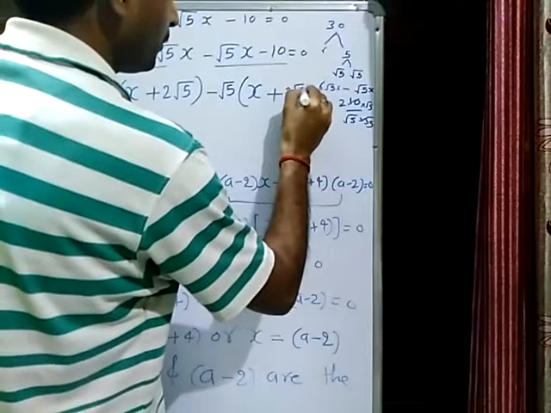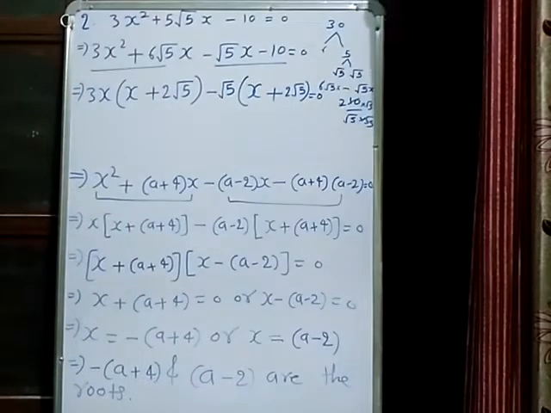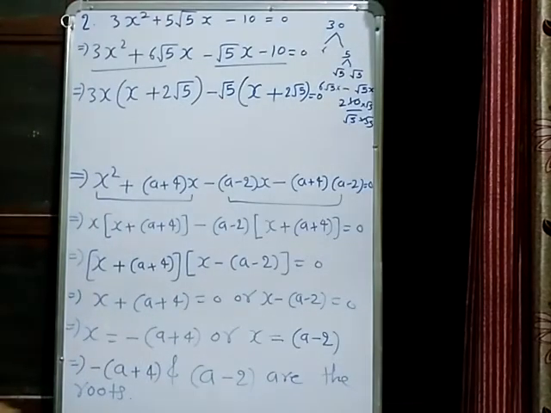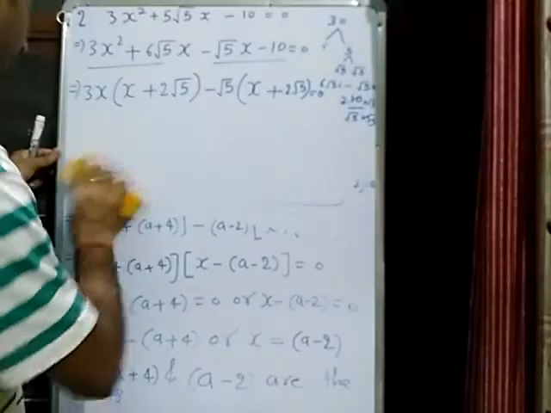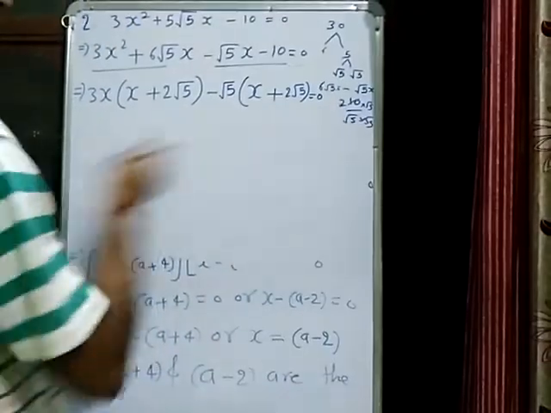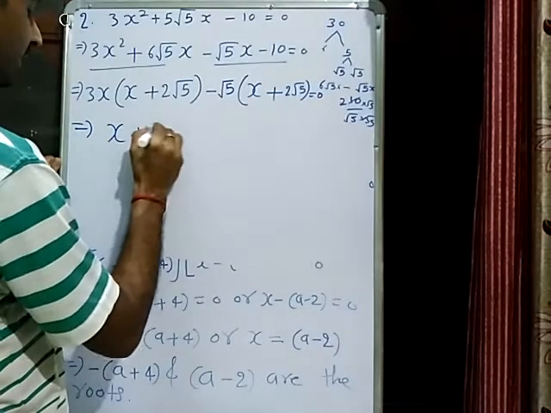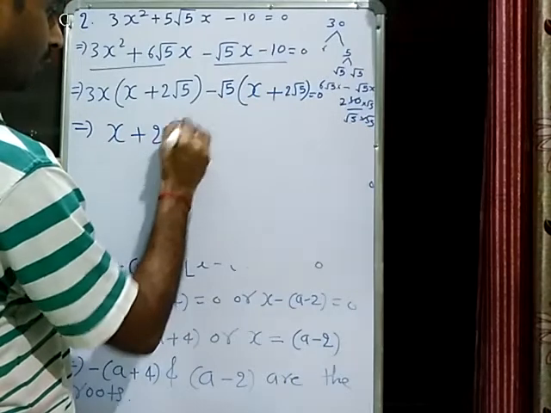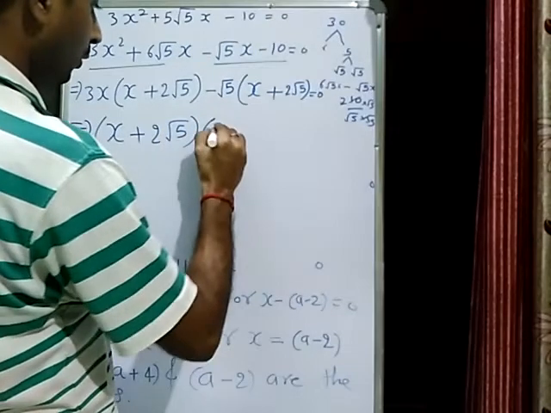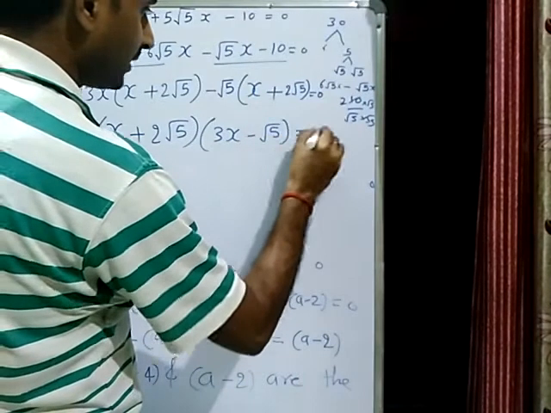So this will be x plus 2 root 5 is equal to 0. You will get it now. And what can we write here? What is common? X plus 2 root 5 is common into 3x minus root 5 remaining, that is equal to 0.